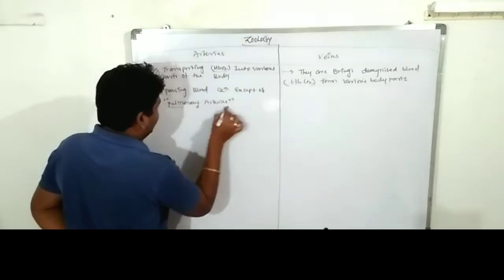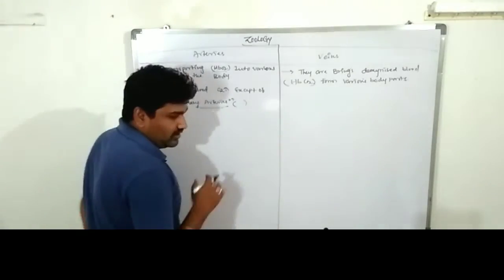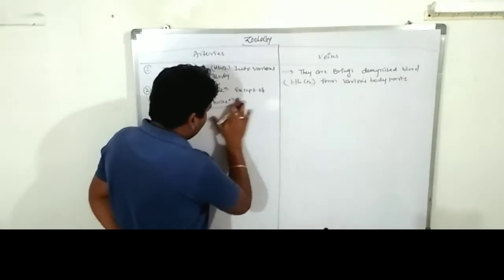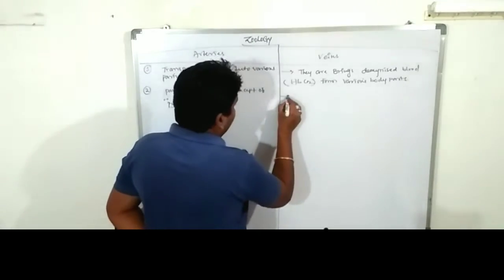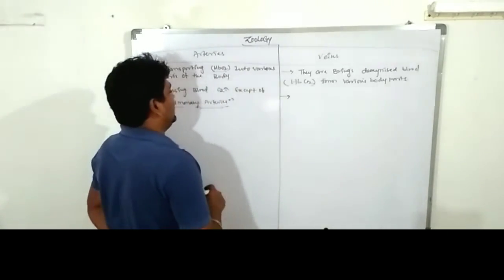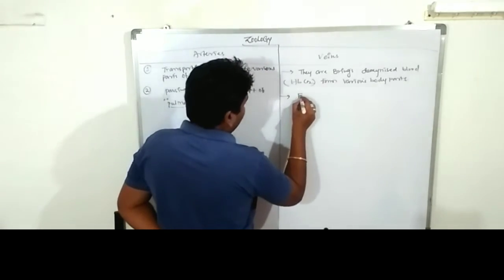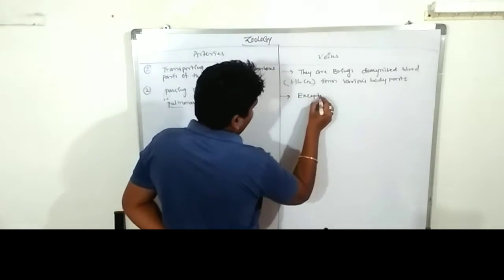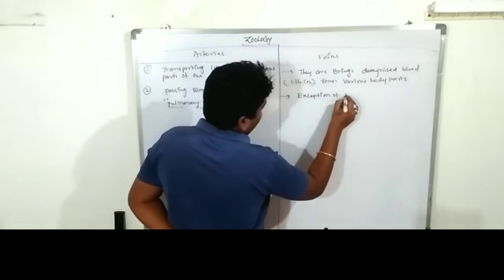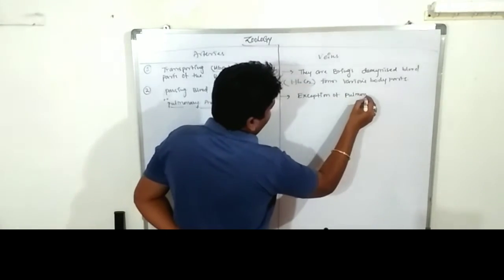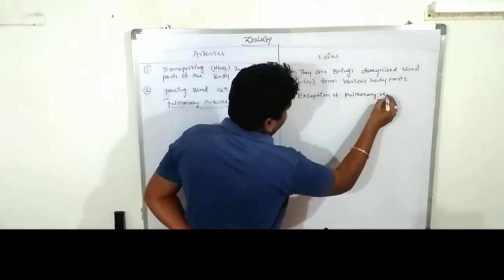The pulmonary arteries carry deoxygenated blood. So this is completely an exception, only one artery. The pulmonary veins are also an exception.